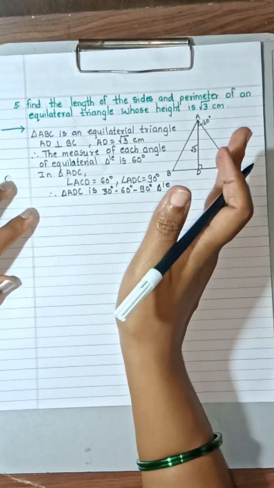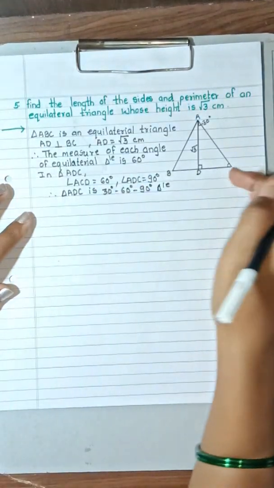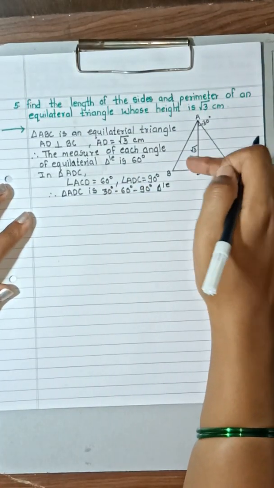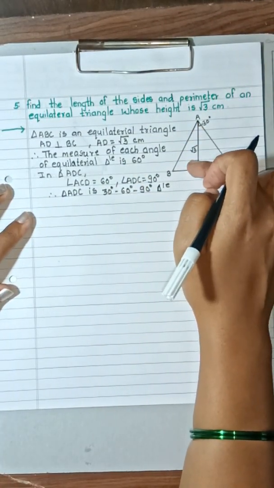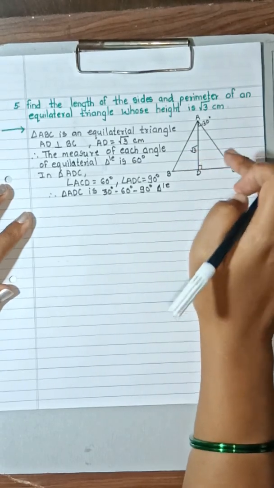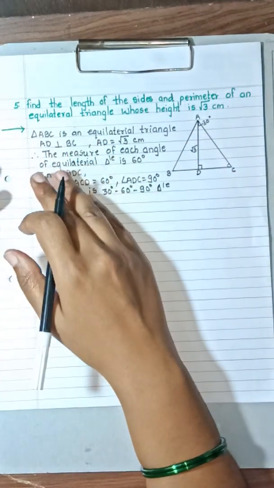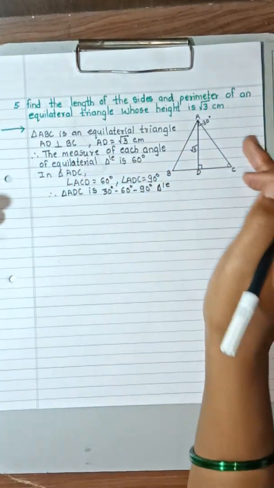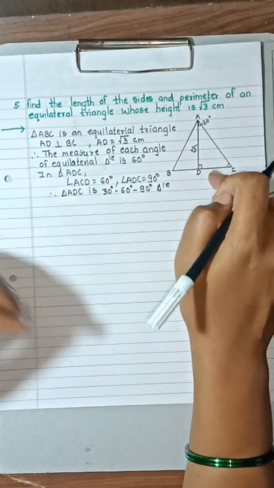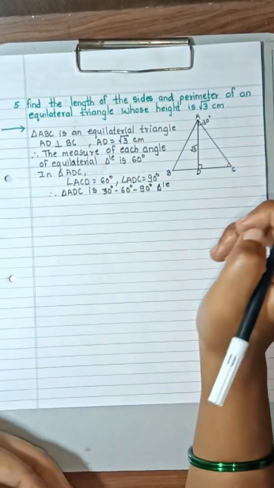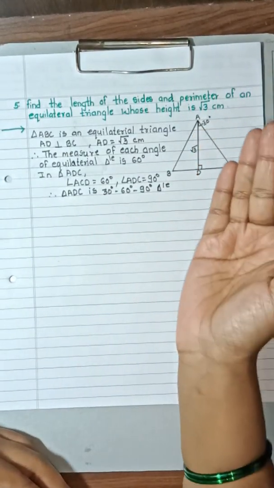And you very well know that the side opposite to 60 degree, now the side opposite to C is AD, is how much? That is root 3 upon 2 times the hypotenuse. The side opposite to 30 degree, that is how much? That is half of the hypotenuse.